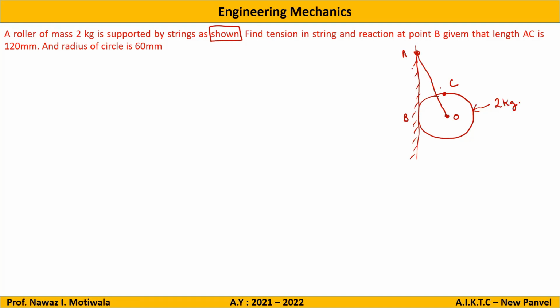So this is your string AO which supports it. Find the tension in the string and the reaction at point B, given that length AC is 120 mm. This point C, this length is given as 120 mm and the radius of the circle is 60 mm. That means OC is given as 60 mm.